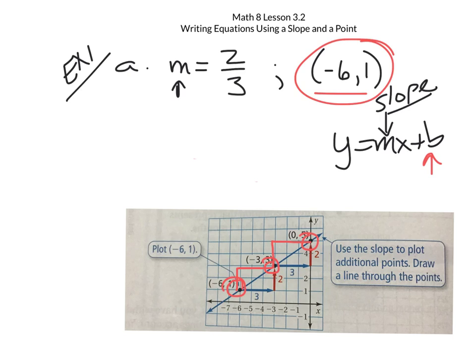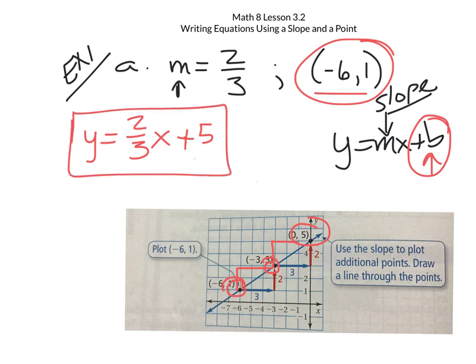The question they want you to answer is, what is the y-intercept? So where does it cross the y-axis? At 5. So my equation would be y equals, we know the slope, 2/3, x, and we know it crosses at +5, so plus 5. They want the equation, but what we had to solve for was the y-intercept. So that would be the answer.